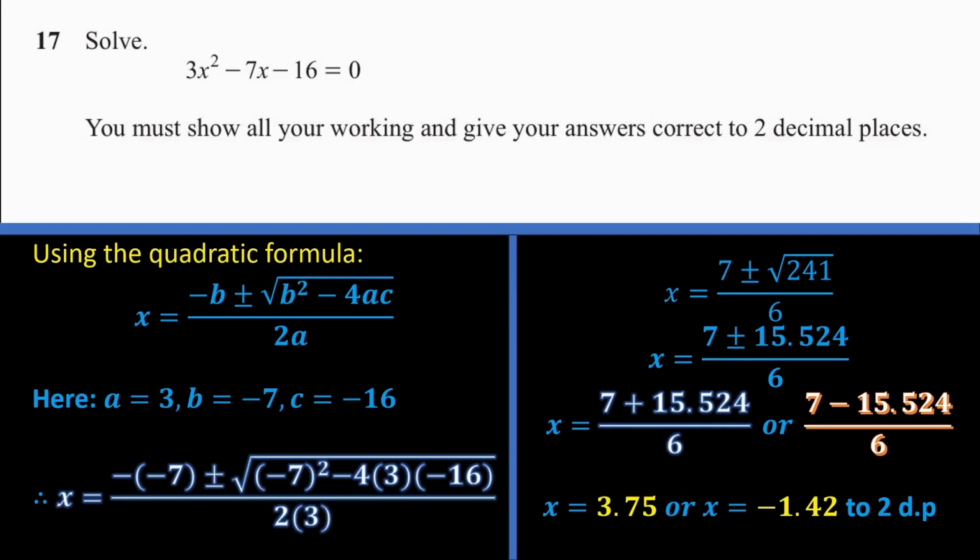When we add and divide by 6, our answer to 2 decimal places becomes s equals 3.75 or s equals minus 1.42. That's the final answer.